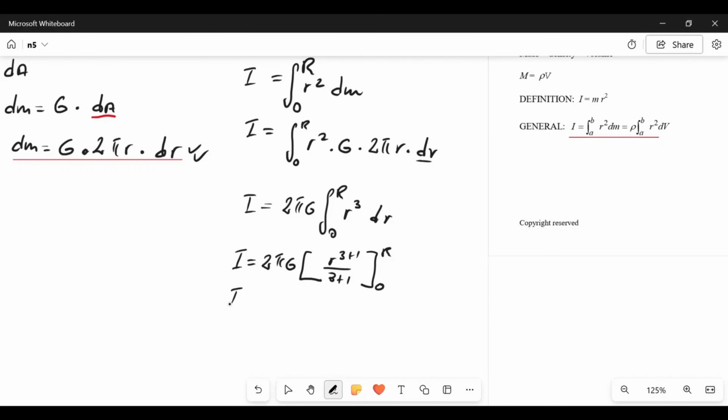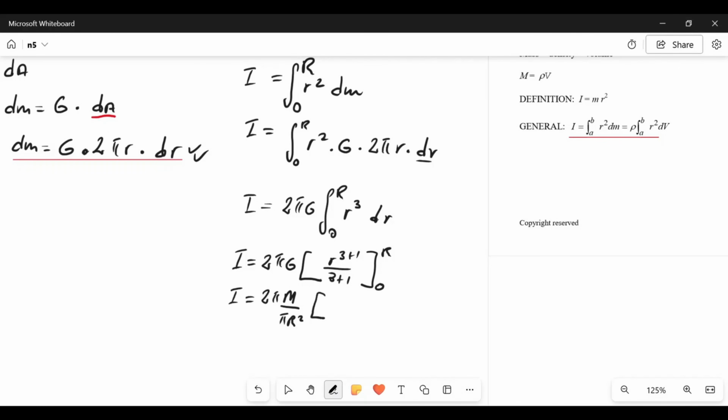All right, so let's continue. If you continue, this is going to give us 2 pi. Let's change our density into m divided by pi r squared. Remember, the density includes the radius of the outer disk, the bigger disk.